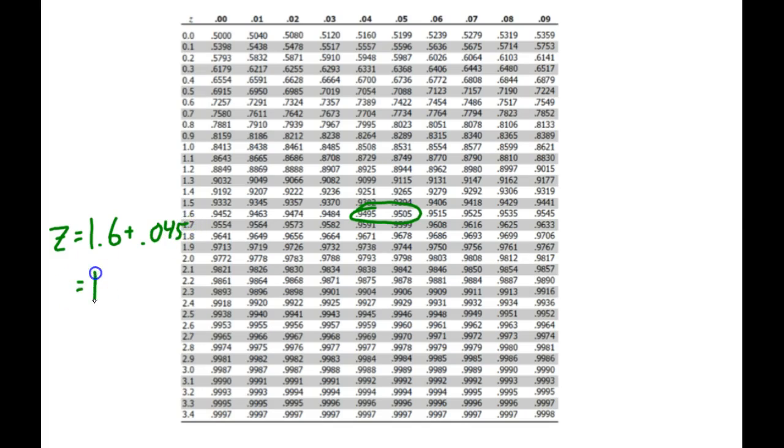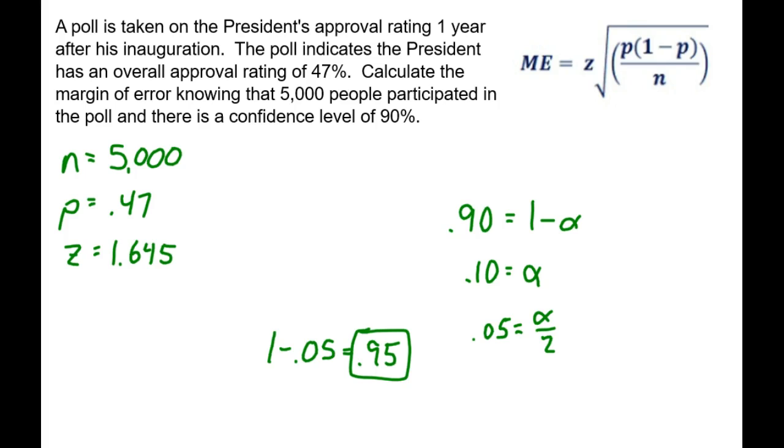Combining those together, we get 1.645 as our value of z. Now that we know all of our quantities, we just have to plug them into our formula and simplify to find the margin of error.